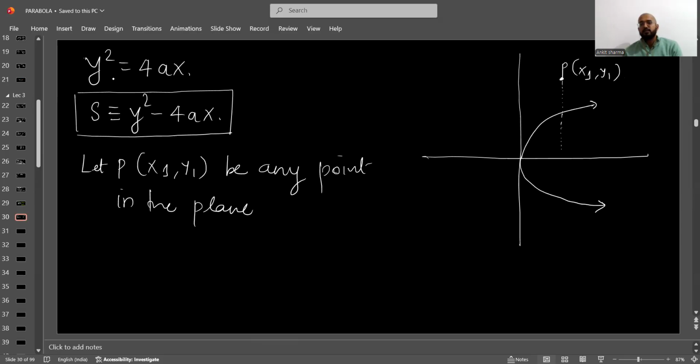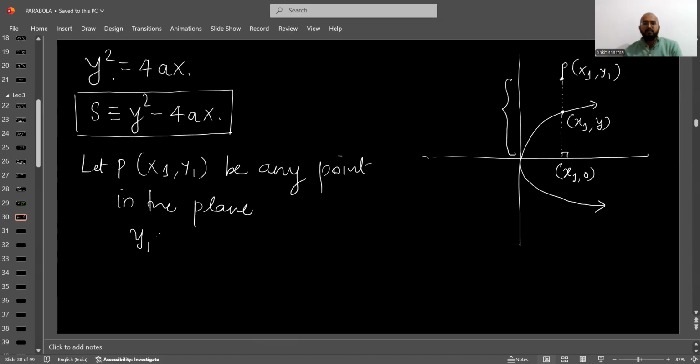So this point turns out to be x1 comma 0, and this point on the parabola is going to be x1 comma some y we don't know what it is.